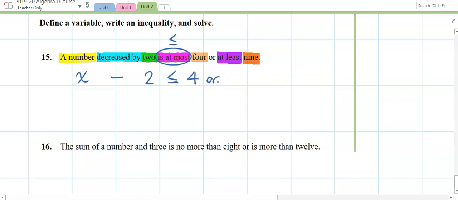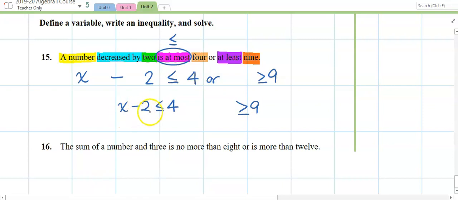Or at least, which means greater than or equal to 9. Now we're almost finished. I've translated each piece that I highlighted. However, we can't just have one inequality and then a half of an inequality.